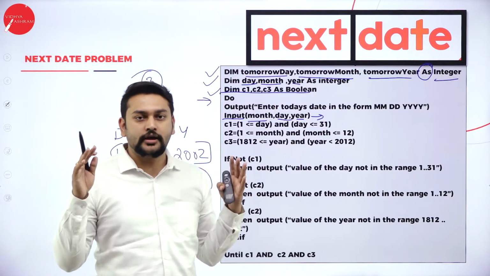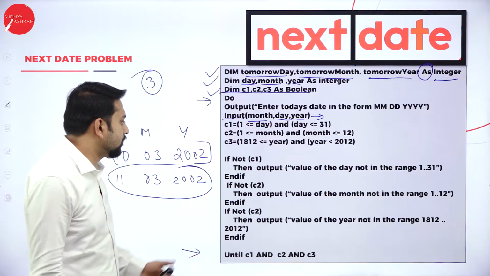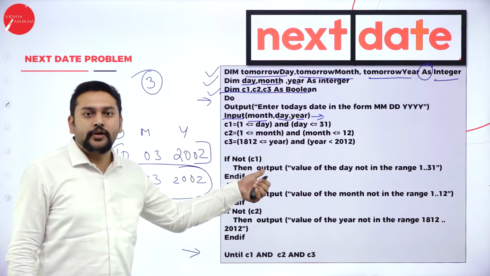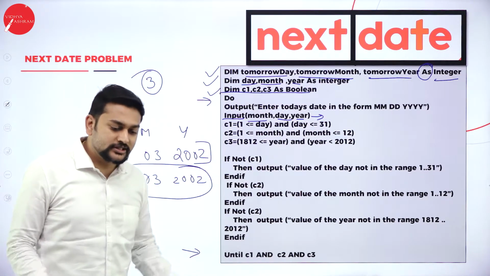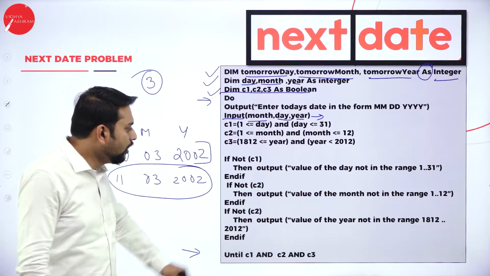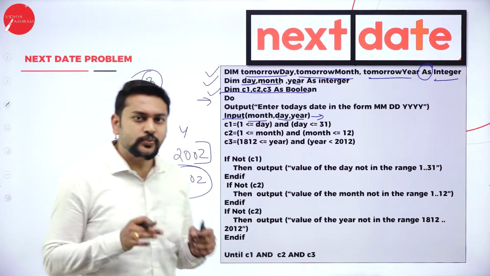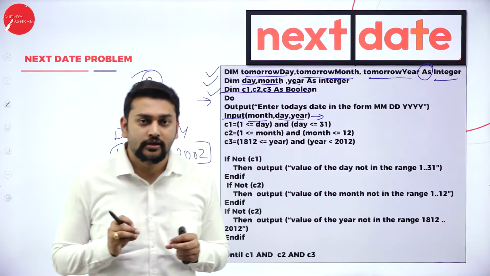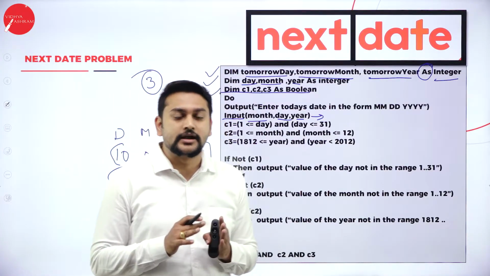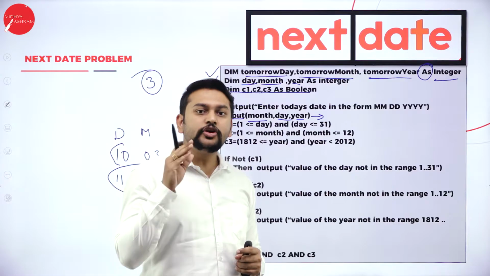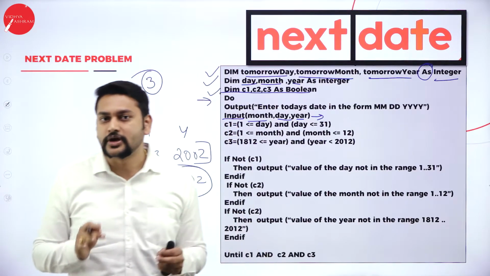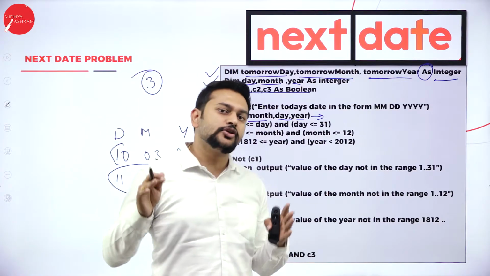Now I need to check from the system side. What are you going to check? If not C1, okay, what is that? Whenever you are entering the day, we have some condition. What is the condition that you're trying to check?